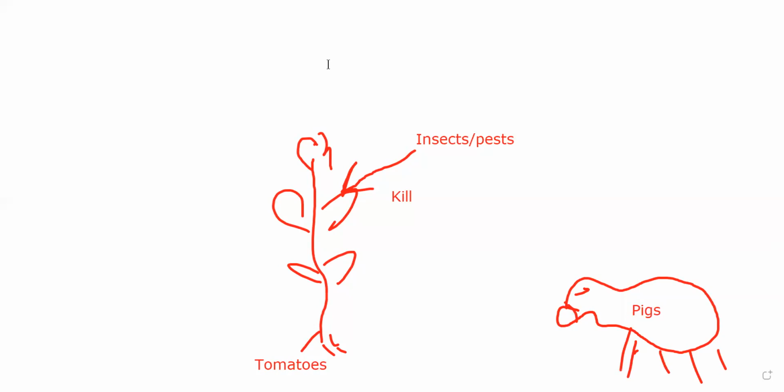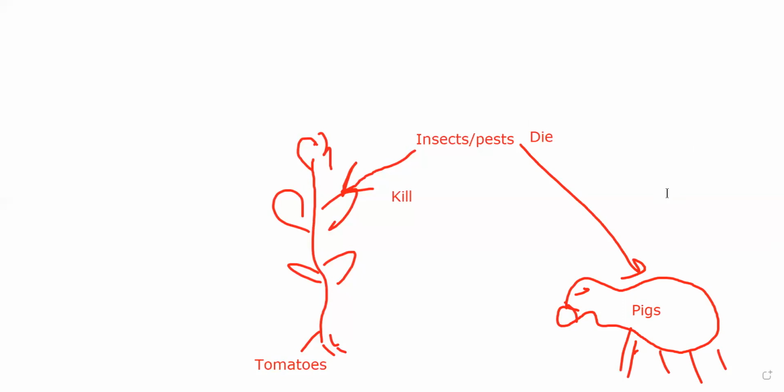So now when these insects feed on these pigs, I notice something. It doesn't cause any harm to the pig, but rather the insects themselves, they die. Okay? The insects die. After a meal on the pig, they die.